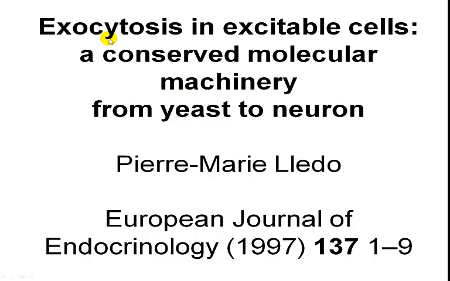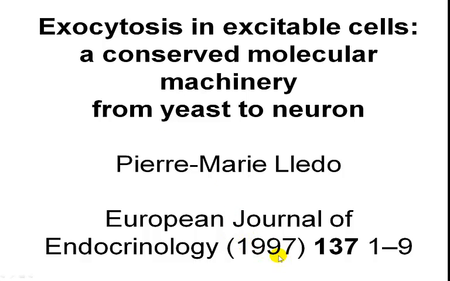So let's take a moment to look at this brief review article from the European Journal of Endocrinology, 1997. Exocytosis in excitable cells is conserved molecular machinery from yeast to neuron. So again, we're moving from an introductory textbook to review literature to get a sense of how things get updated.